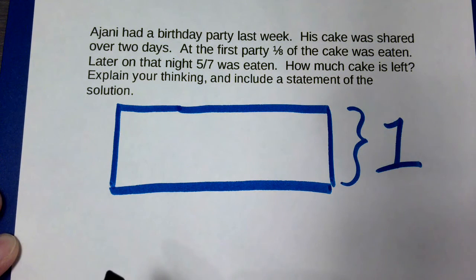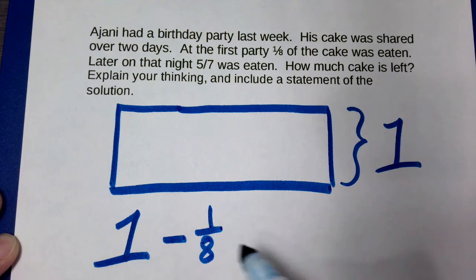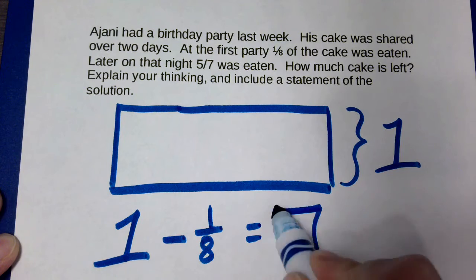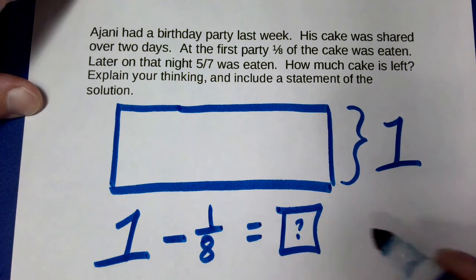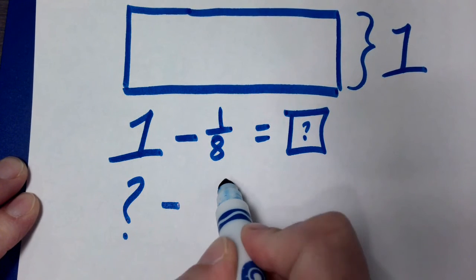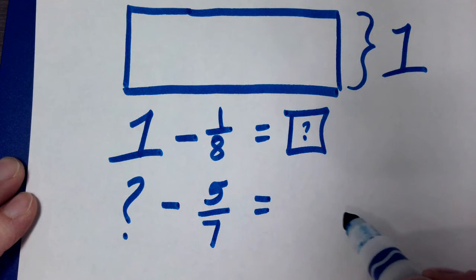So we're taking 1 whole and subtracting 1/8, and we're going to get an answer. Whatever that answer is, let's call it question mark. Then we're going to take question mark and subtract 5/7, and we're going to get our next answer.